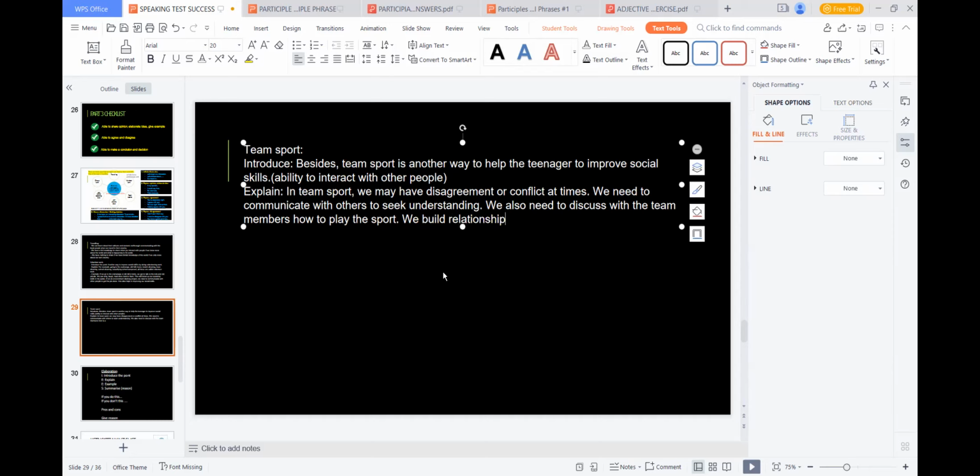This is also an opportunity for us to build relationship with others through chatting with them, through interacting with them.